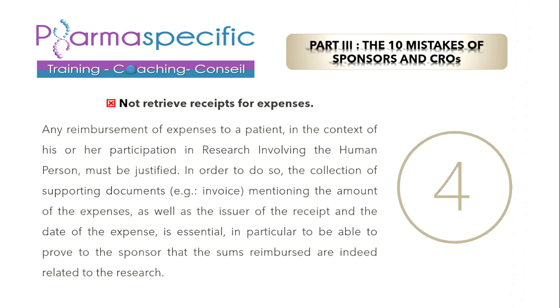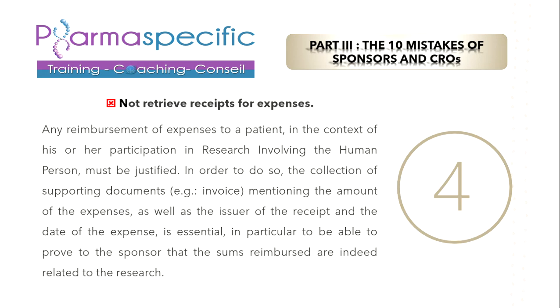The fourth error is not to retrieve receipts for expenses. Any reimbursement of expenses to a patient in the context of his or her participation in a research involving the human person must be justified.